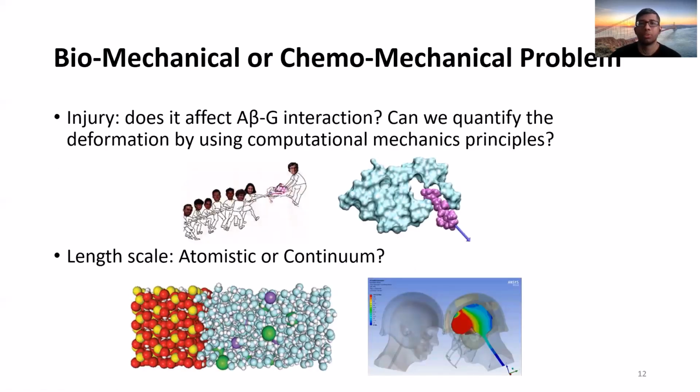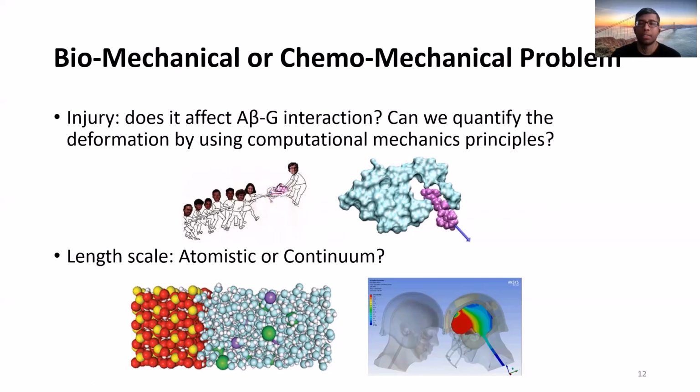So in order to solve a biomechanical or chemomechanical problem, as we wanted to solve, we want to address several questions. If we go back to the first question that we started with, whether the injury affects the amyloid beta and our protein G interaction, whether it gets affected by the injury, and whether we can quantify this deformation by using computational mechanics principles.